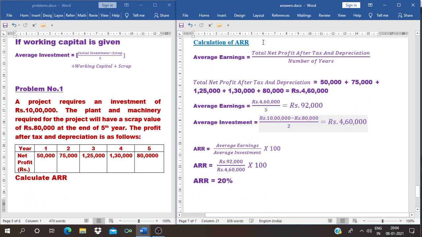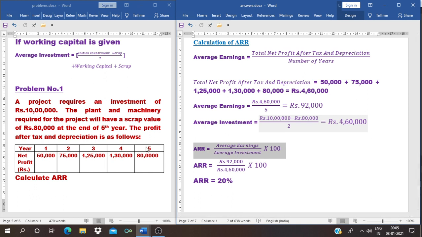Calculation of ARR. What is the formula for calculating the ARR? The formula I am taking is: ARR is equal to average earnings divided by average investment into 100. But average earnings is not directly given in the problem.